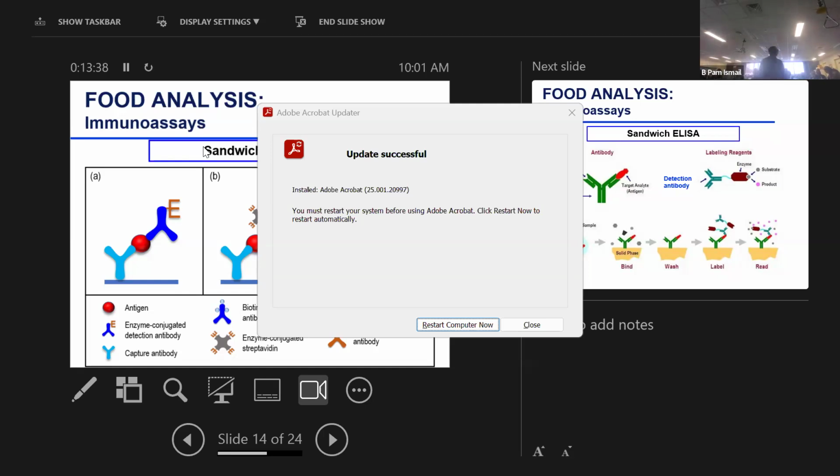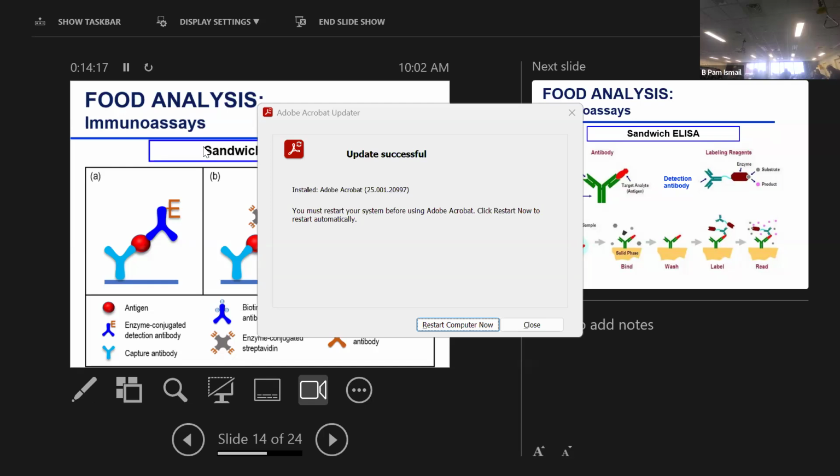This will enhance the sensitivity because you have a lot of enzyme bound to only one antibody, so you can detect antigens at very low concentration. The substrate will have a lot of products generated.